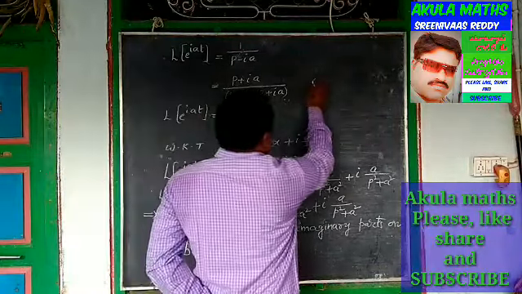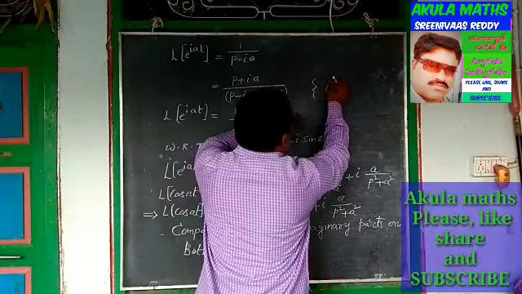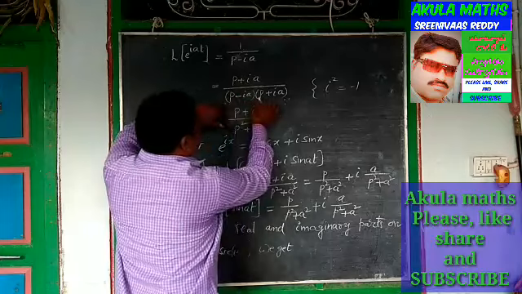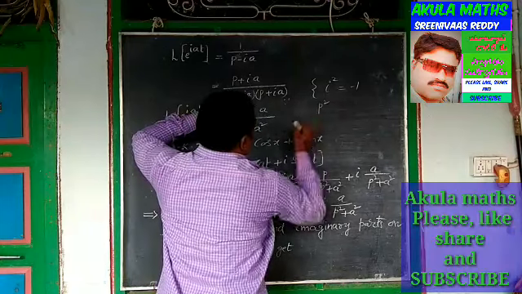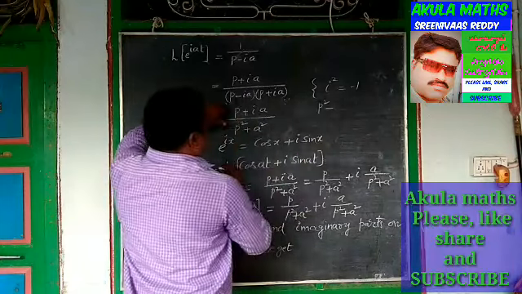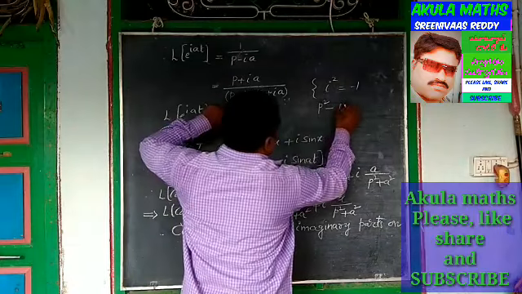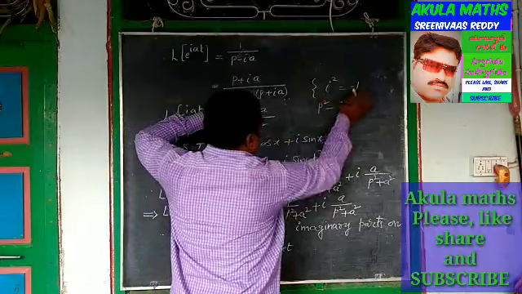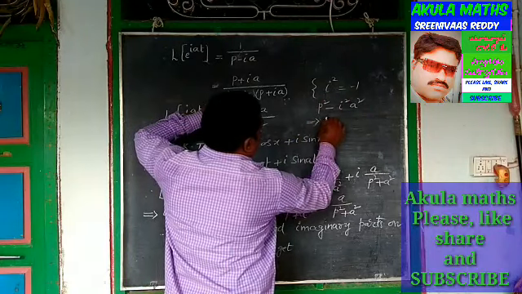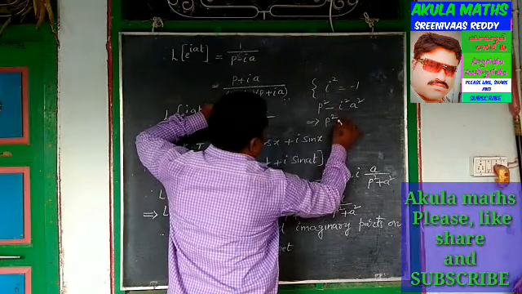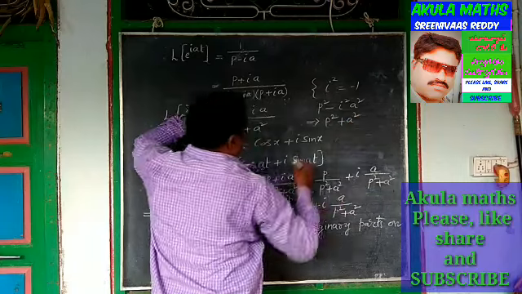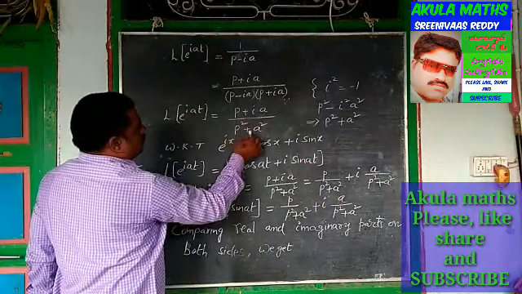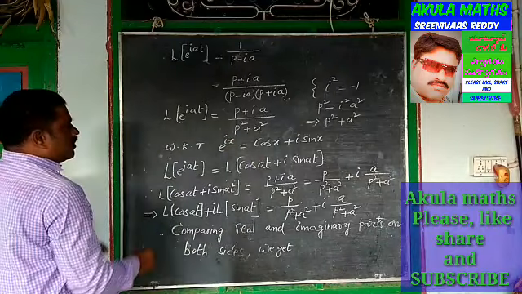Here already we know one formula, i square is equal to minus 1. So here a means p. So p square minus a square minus b square. B square means i square into a square. So i square is minus 1. That implies p square minus into minus plus. So p square plus a square. So p plus ia by p square plus a square.